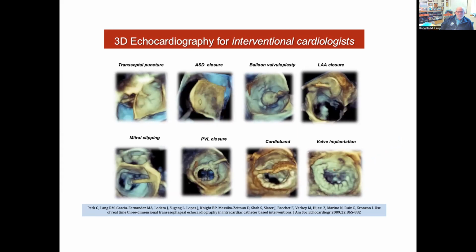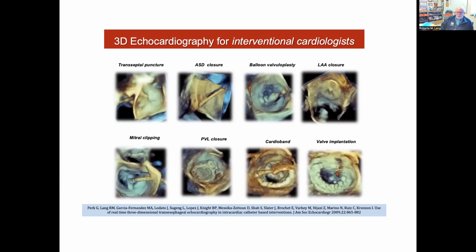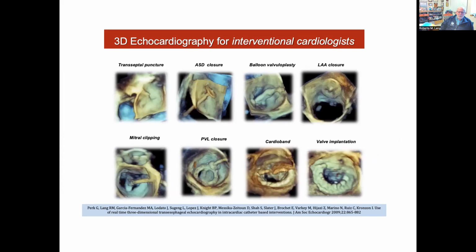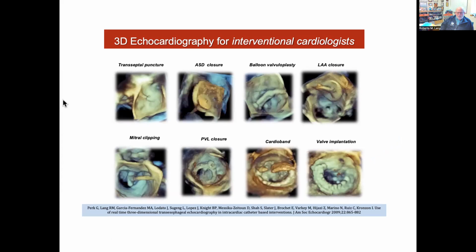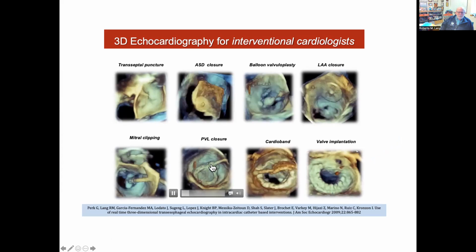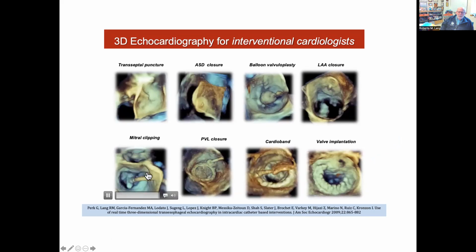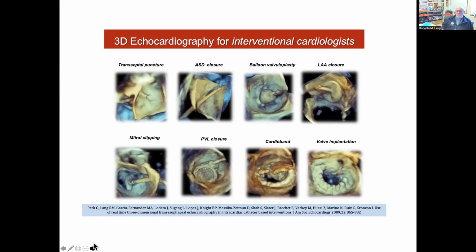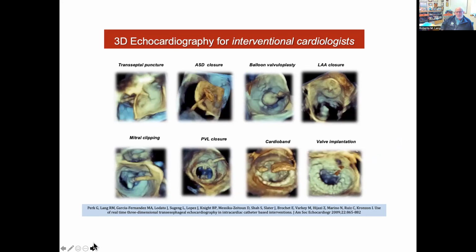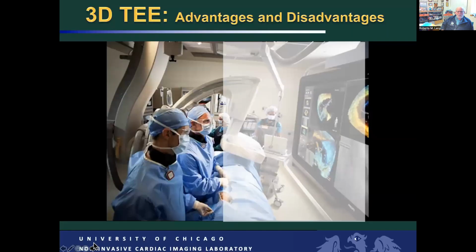And of course, a mitral clip is one of those examples. When you want to fix a perivalvular leak, as you can see here, a PVL closure is another one of those examples in which 3D echo is paramount in order to perform this.